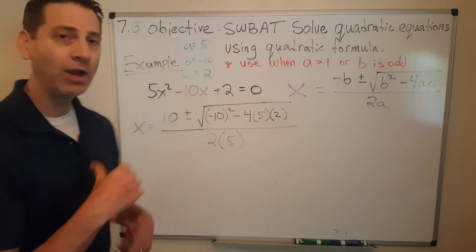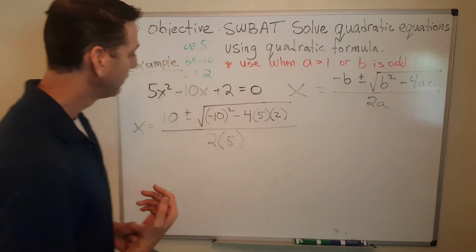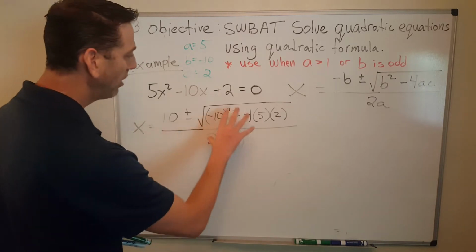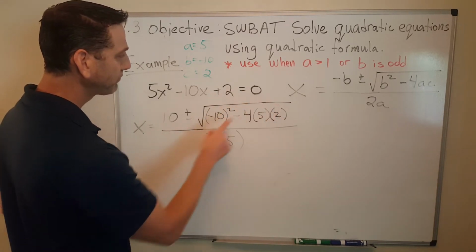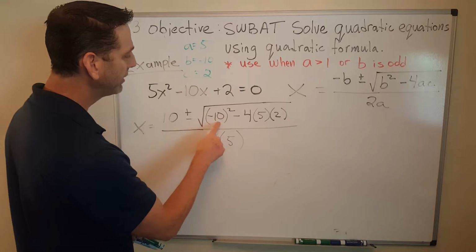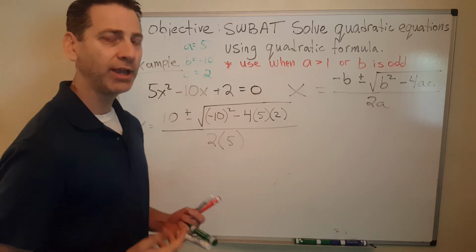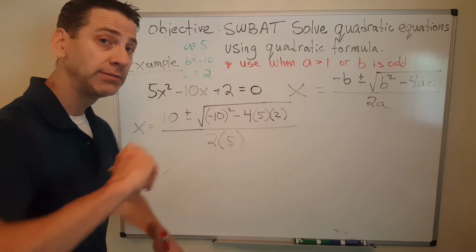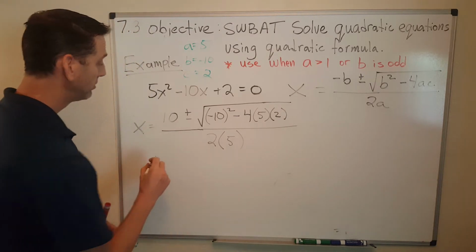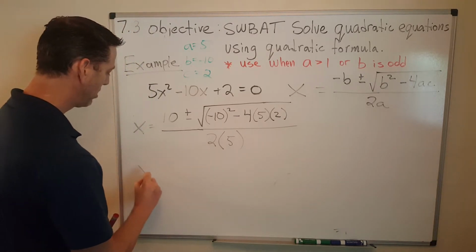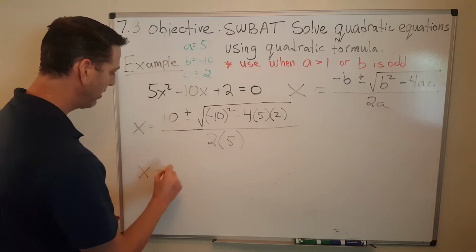Now we just kind of crank the numbers through. I start inside my radical here. I have negative 10 to the second power. That means negative 10 times negative 10, which is, do you know? 100. You got it. So let's write this out.